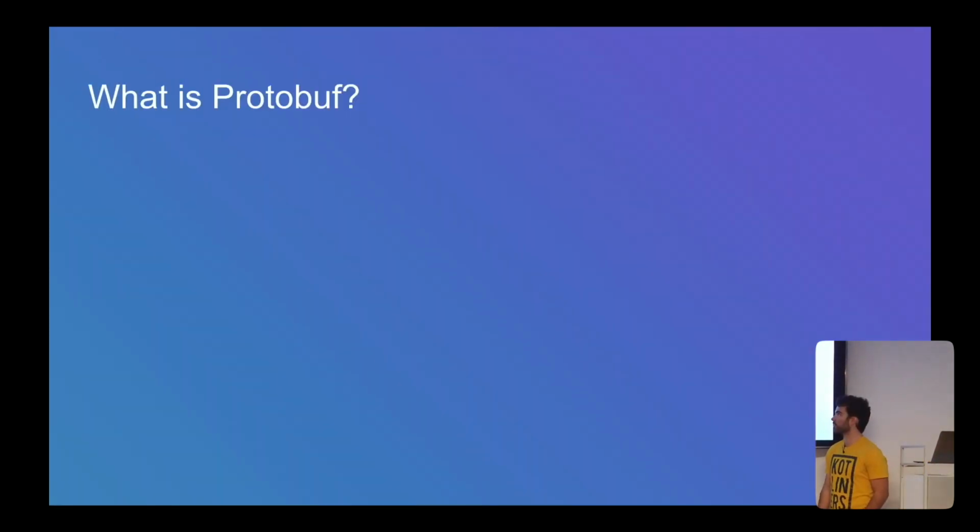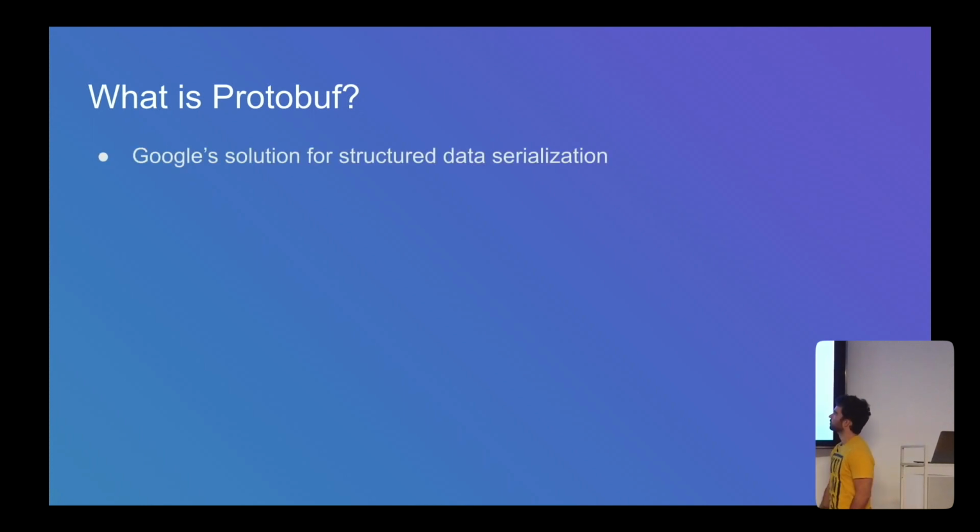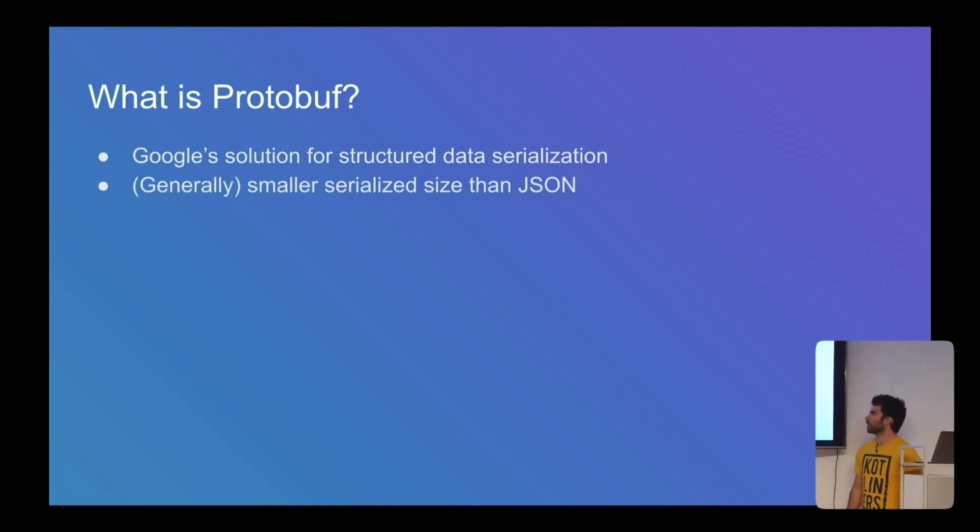So what is Protobuf? As I mentioned, it was developed by Google. It's a data serialization tool. A good part about it is that it generally generates a smaller serialized size than JSON, because it's a binary format and is strongly typed.